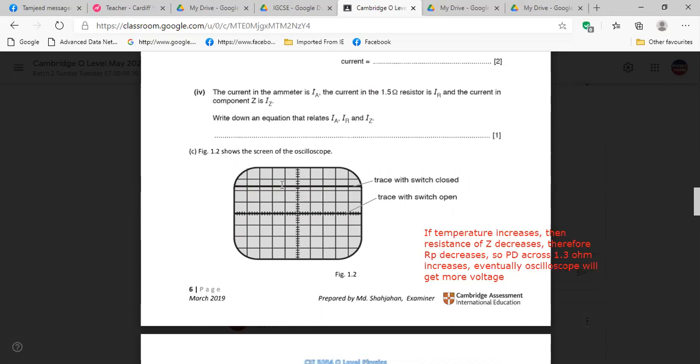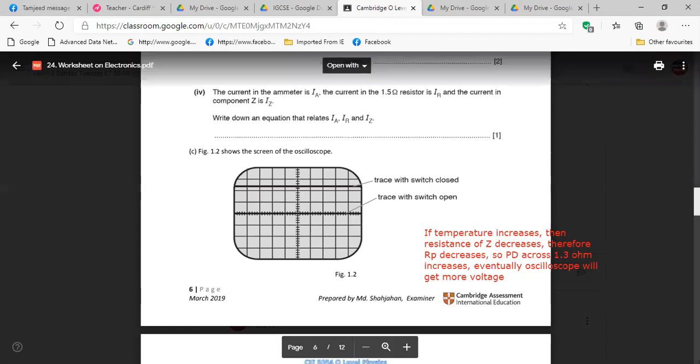This one is the previous reading of the voltage. Now we'll see that the oscilloscope is getting more voltage. So this line trace with switch closed will be a little bit higher, or the reading will be more. Is it clear?